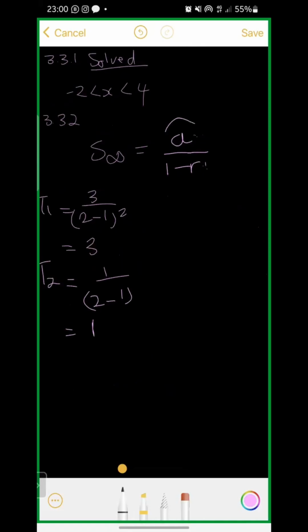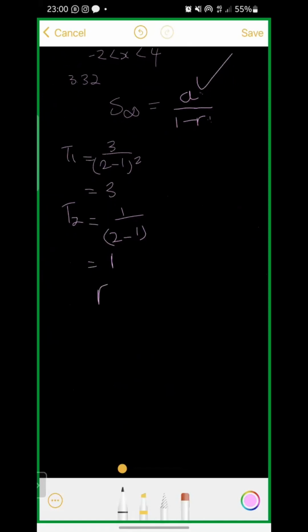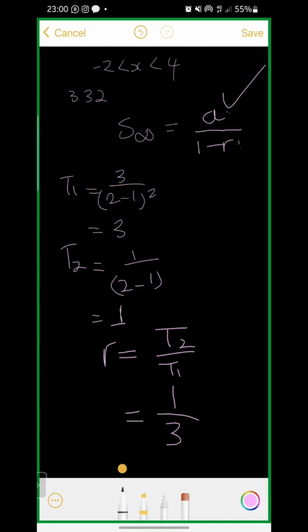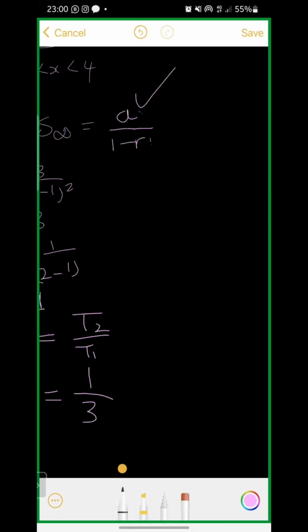Obviously our a is our T1, so we are sorted with that. Let's find r. Our r is equal to term 2 over term 1. Term 2, we said, is 1, and our first term is 3, so it's 1 over 3. That's our ratio.